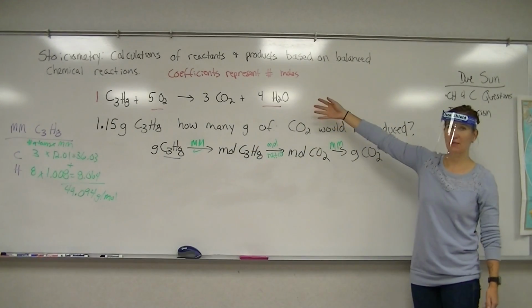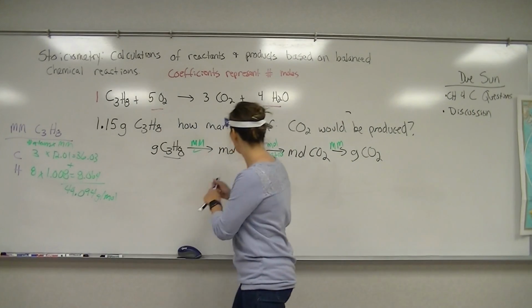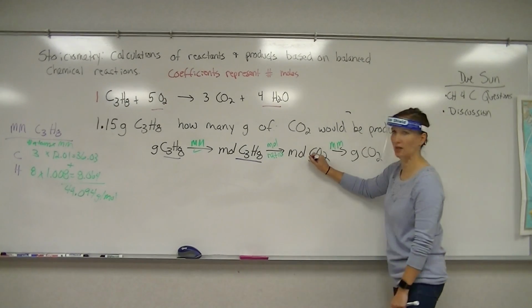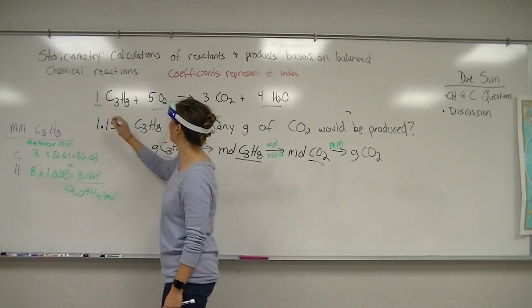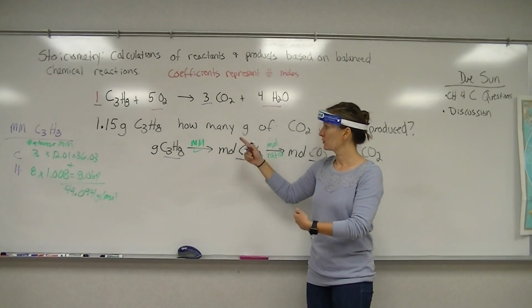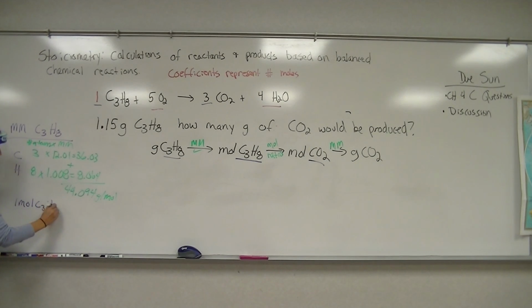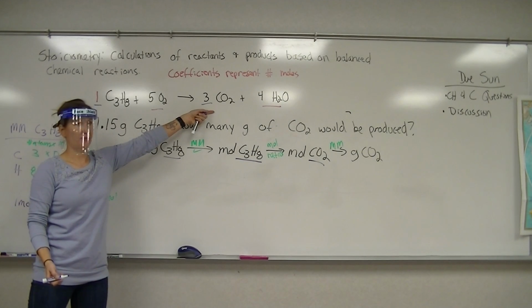You're looking at the balanced chemical equation. So we're going to look at the coefficient in front of C3H8 and the coefficient in front of CO2. 1 to 3. Okay, more specifically, this is saying 1 mole of C3H8 is going to produce 3 moles of CO2.